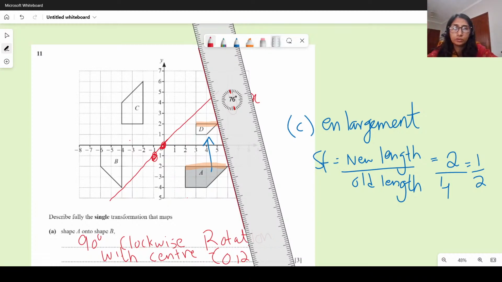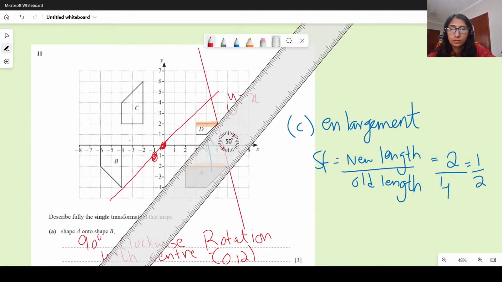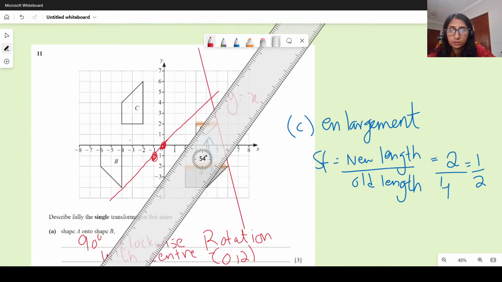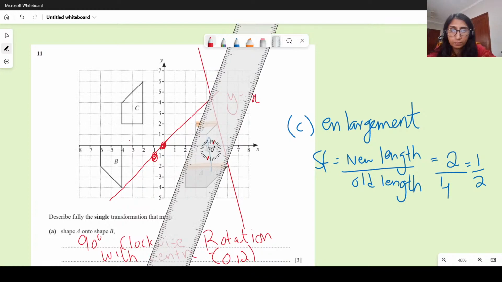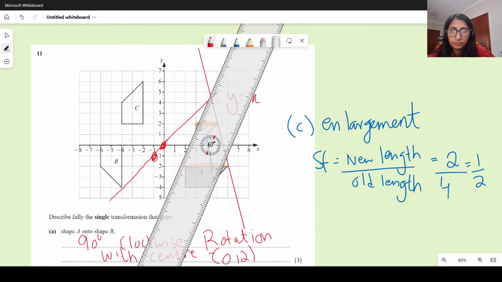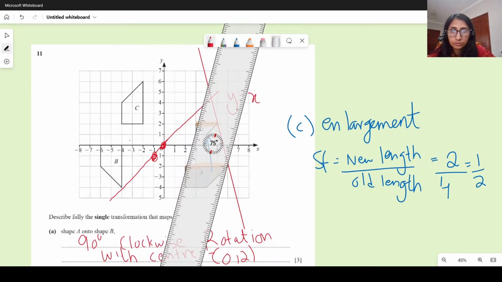And I'll join another two vertices. Let's join these two. And wherever the lines meet, that's the center of enlargement.